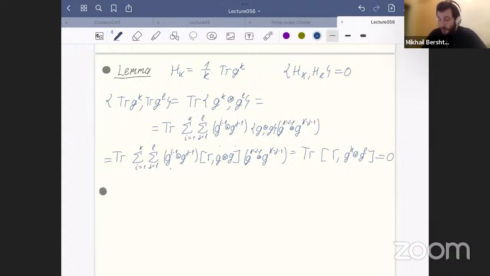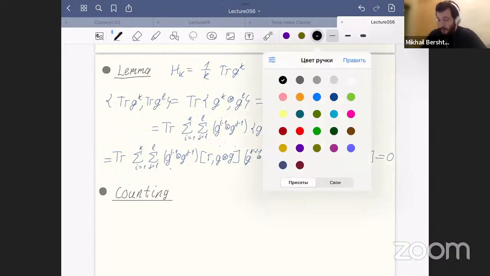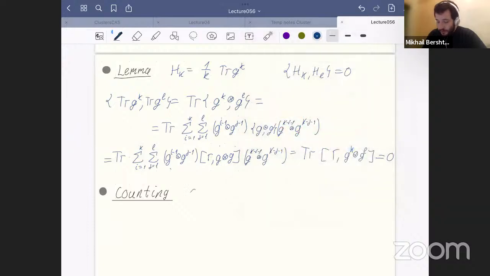Now let's do some counting. First of all, if we take a standard double Bruhat cell C_{u,v}, what is its dimension? We take a reduced decomposition, which has a length of the sum of the lengths.